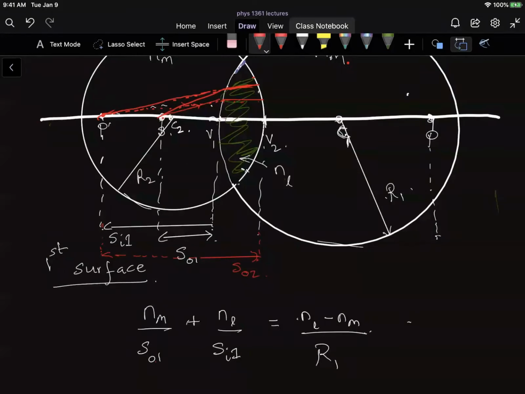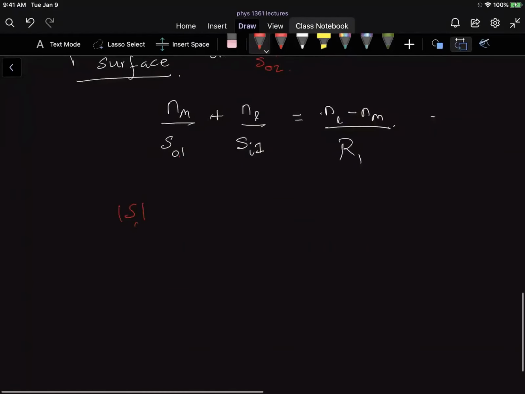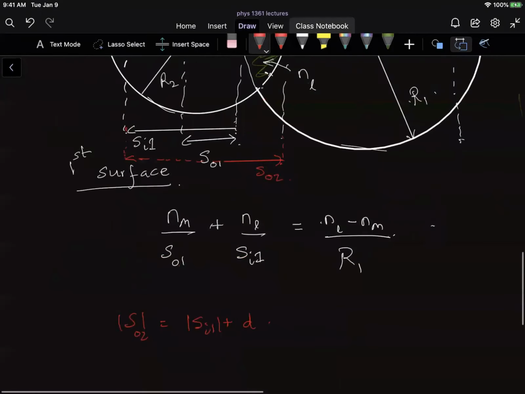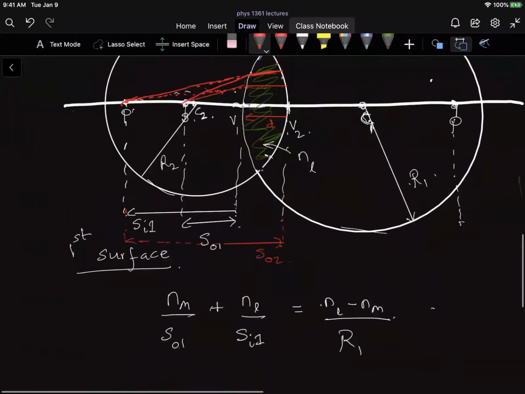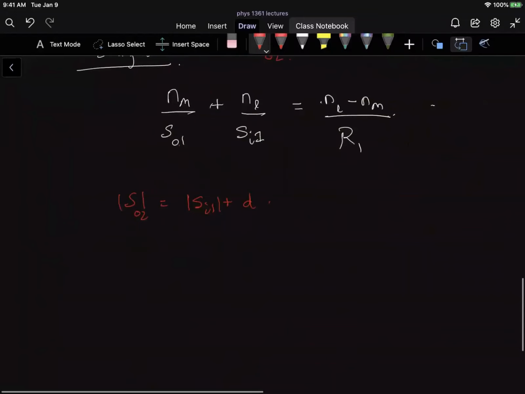You can see it differs by the thickness of this lens over here, which is D. So SO2 is simply the magnitude of SI1 plus D. And SO2 is to the left of the vertex V2, so SO2 is positive. That is, SO2 is simply equal to its magnitude.